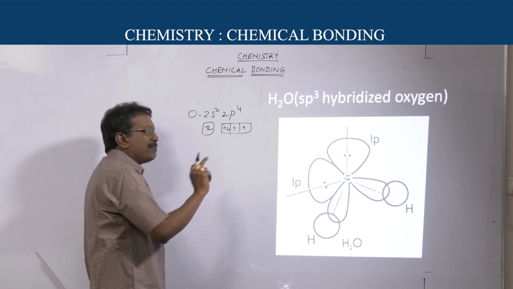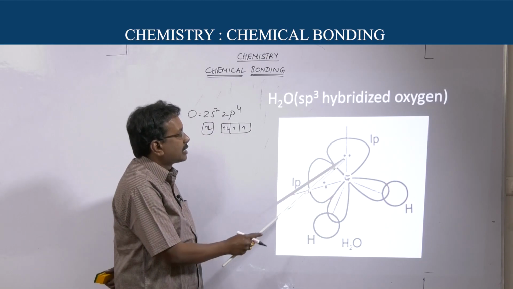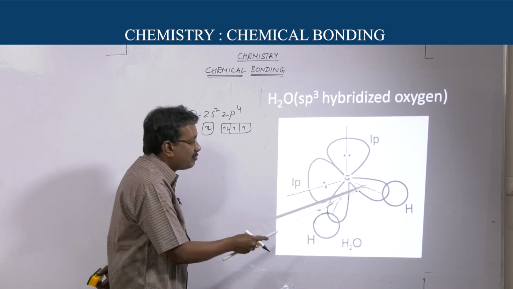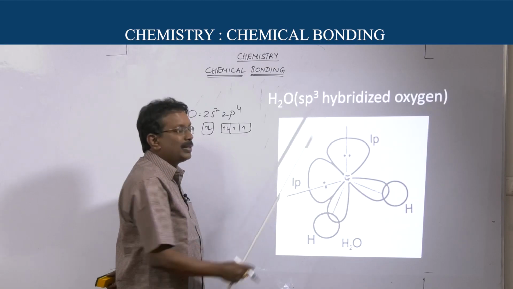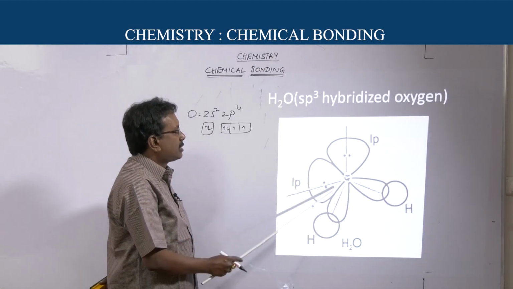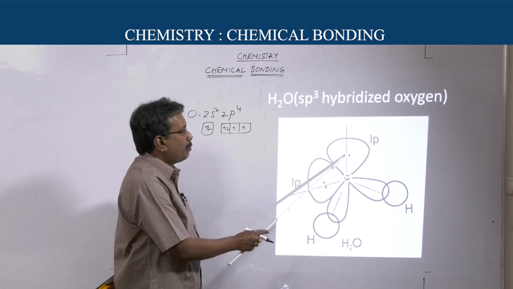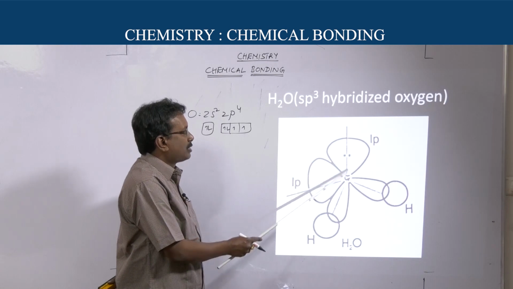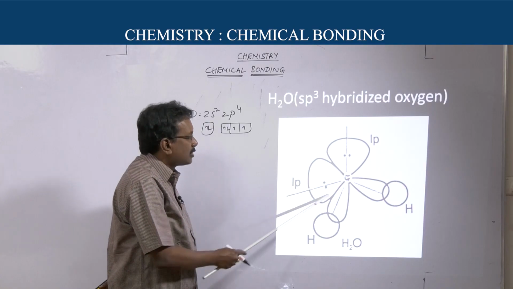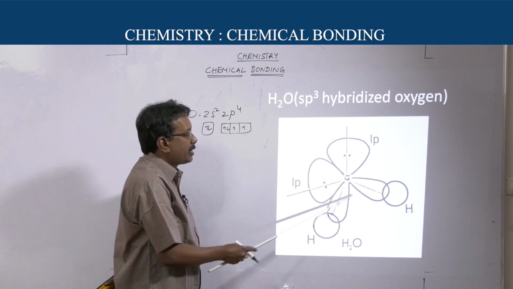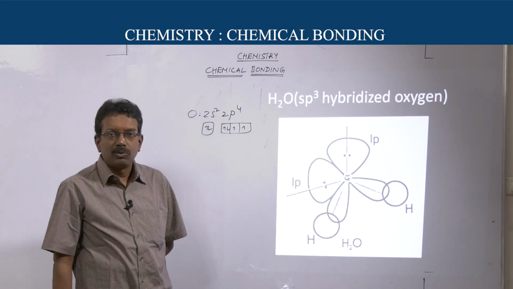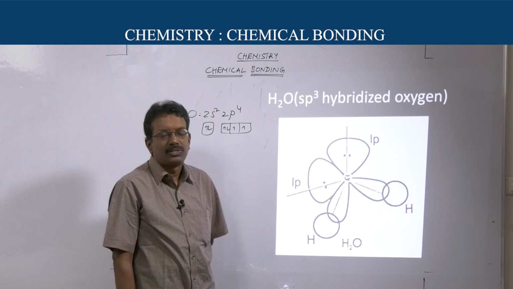That's why after hybridization also, 2 hybrid orbitals contain paired electrons and 2 hybrid orbitals are half-filled. Those half-filled orbitals only overlap with the s orbital of hydrogen, and thereby in the H2O molecule, 2 lone pairs and 2 bond pairs are there. Because a lone pair occupies more space around the nucleus of the central atom, these 2 bond pairs come closer, and therefore the bond angle further decreases. That's why in the case of H2O, the bond angle becomes 104 degrees.